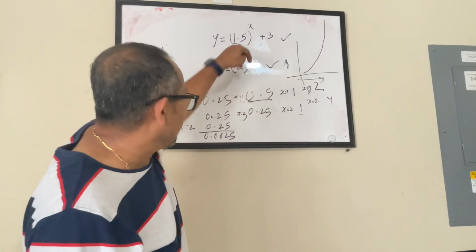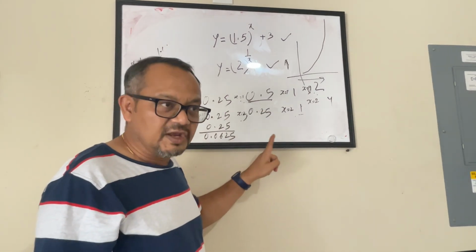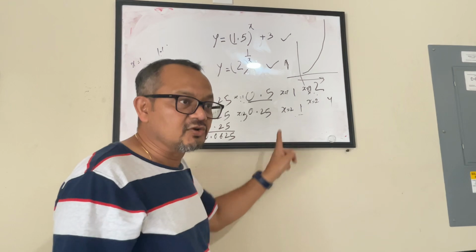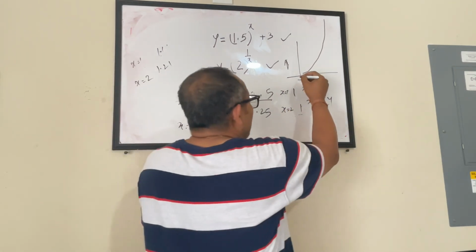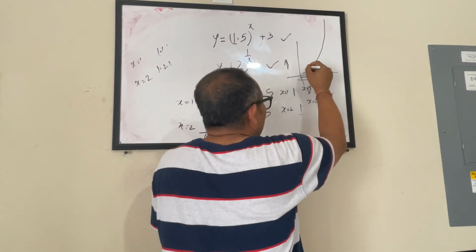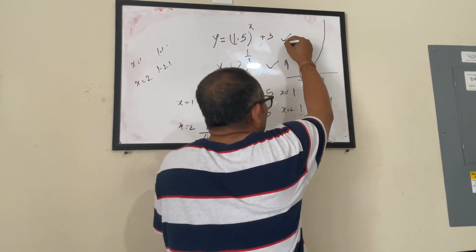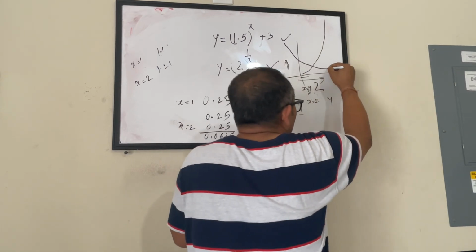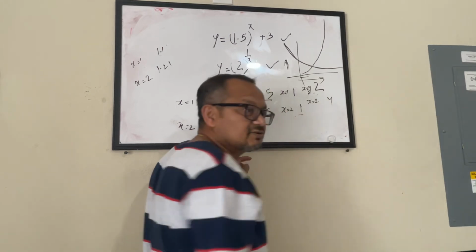If you have your base as something lesser than 1, and you keep on multiplying it, then the value becomes smaller and smaller and smaller. So with every increase of x, my value of y decreases. So this is y phase. The value of x is increasing, value of y is decreasing. So that is the difference.